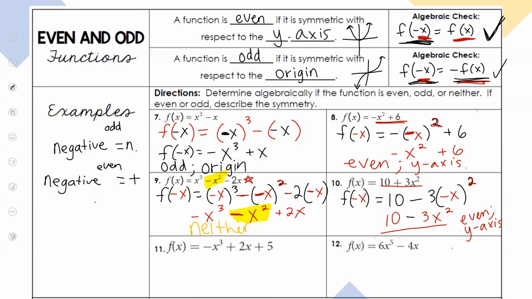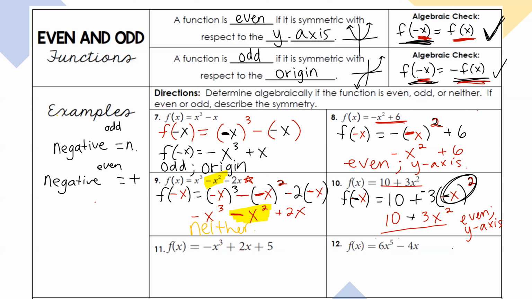I'm not sure if it's because they forgot that this makes it positive, so it remains positive, or if they think that whenever you replace this, you put the negative here and not inside. I'm not sure what the misconception was. But do you guys see the right way to do it? Okay. All right. Did you guys finish 11 and 12? Yes? All right, nice.